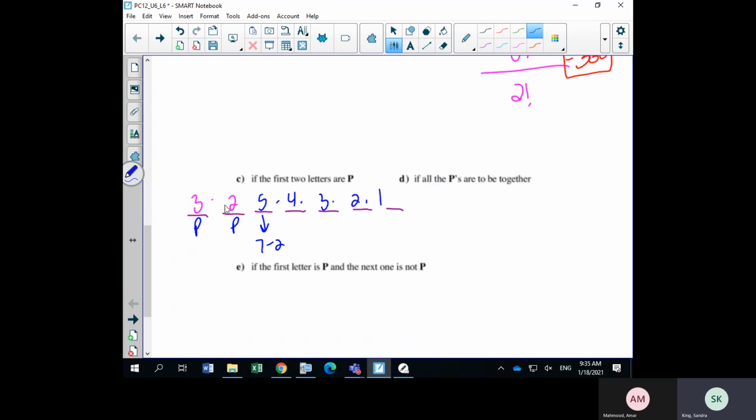So this would be my numerator, and then you always have to divide it by the number of repeats. So it would be 3 times 2 times 5 factorial, all over the number of repeats, which is 3 factorial.